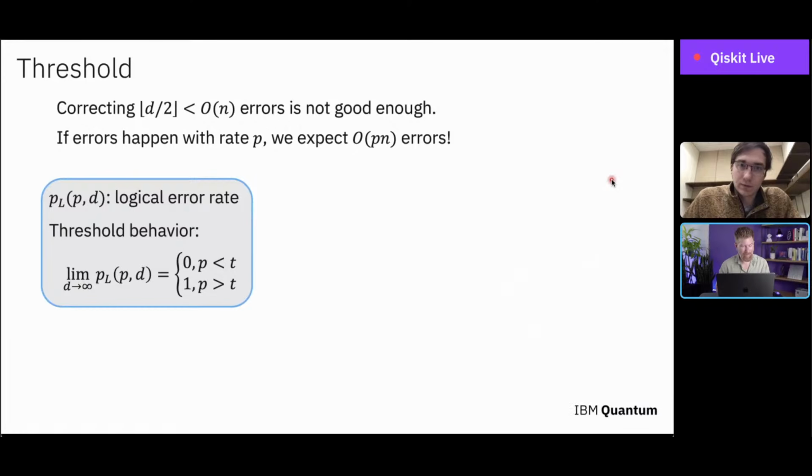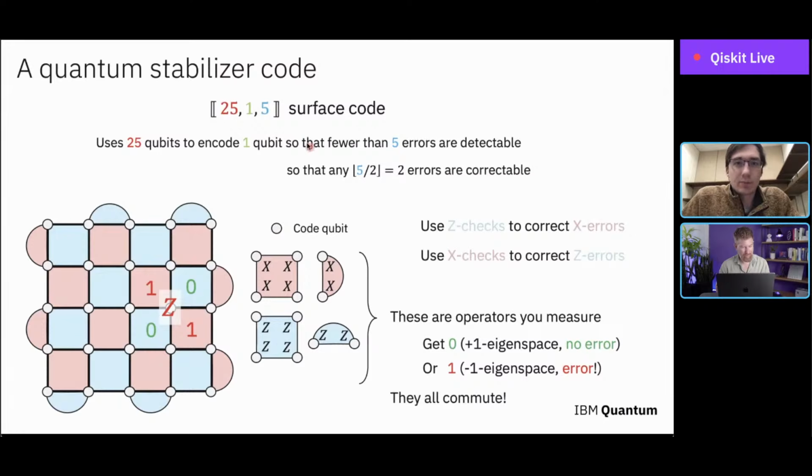Right. So the distance really is just a measure of how many errors are detectable or correctable. If you have fewer than d errors, then it's detectable. And if you have fewer than d over 2 errors, and then you take the floor, then they're correctable.